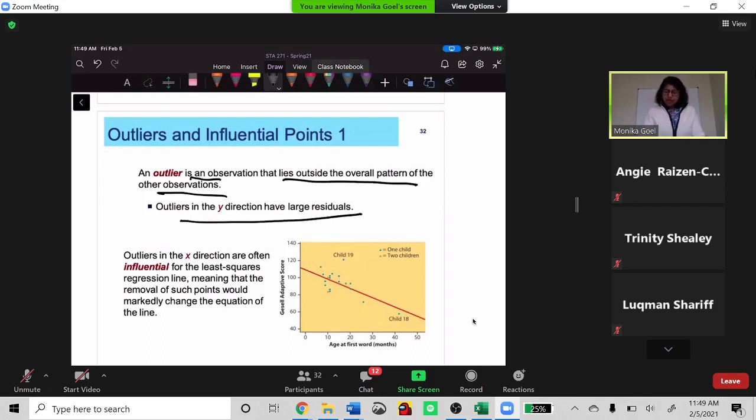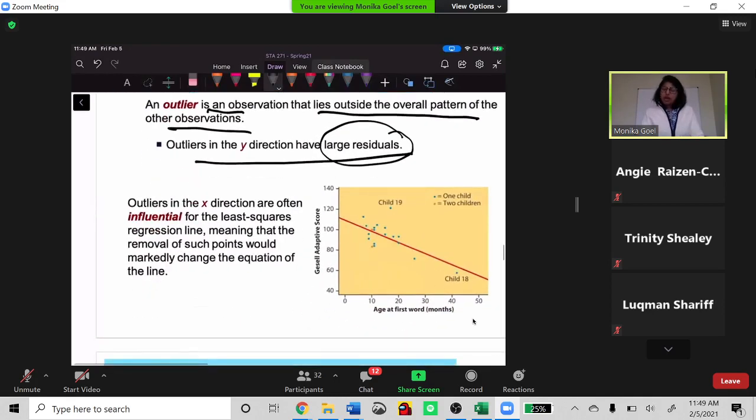Outliers in the y direction have larger residuals, and again, a residual is the difference between your observed value and the predicted value. All outliers are not influential. Outliers in x directions are often influential for the least squares regression line. Meaning that when we remove those points, it would change our regression. It would change the equation of the line.